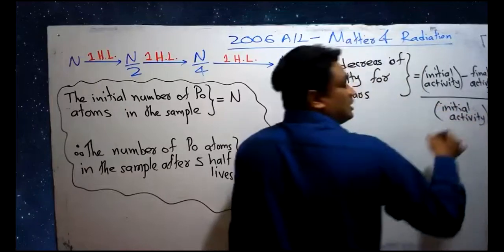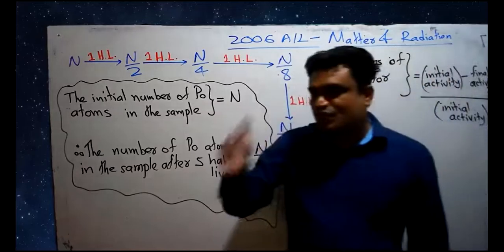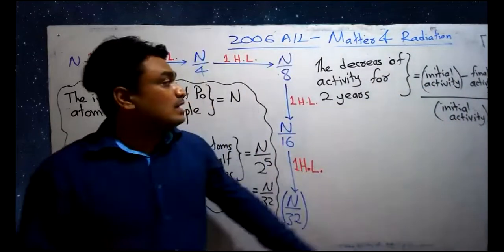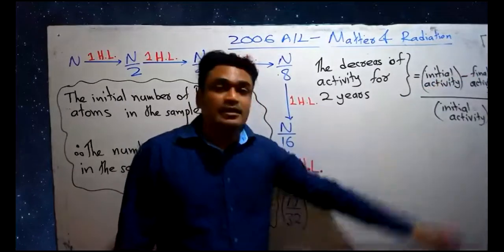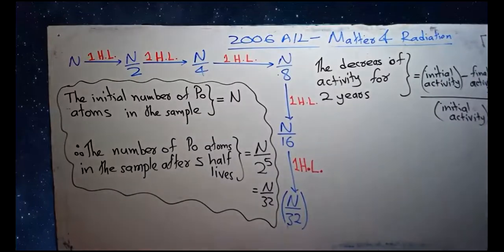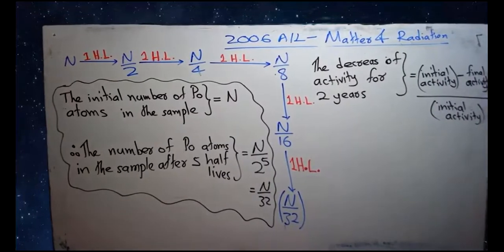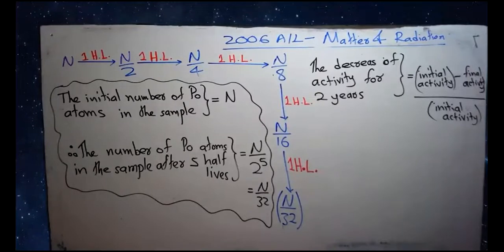Please write the equation here. The fractional decrease of activity equals initial activity minus final activity divided by initial activity. Write the equation here quick.